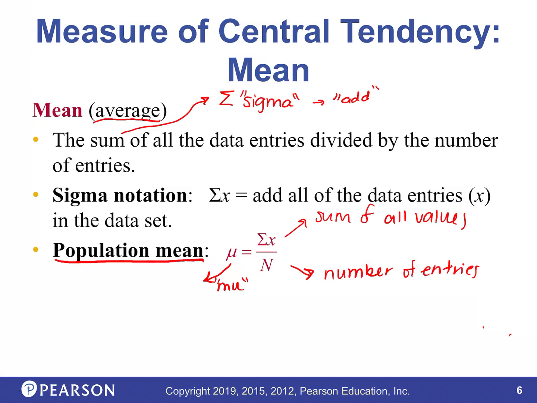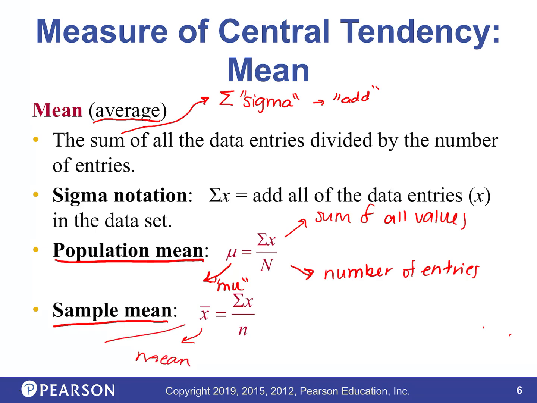So we will find the average for two different things, the population and a sample. The sample mean is x bar. You'll be seeing these throughout the whole statistics course. Remember, it's said to be x bar because of the line it has above.